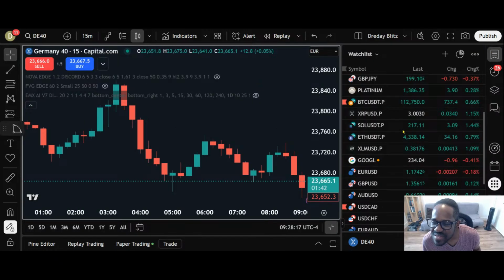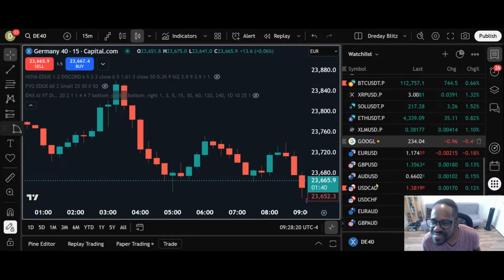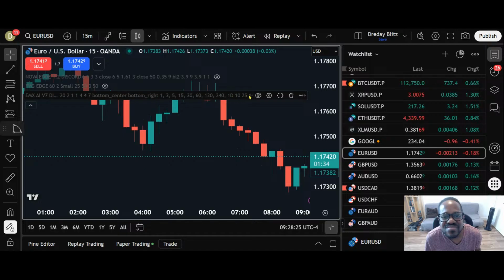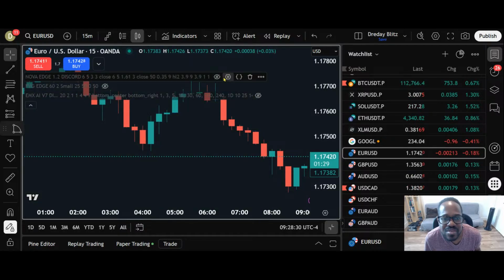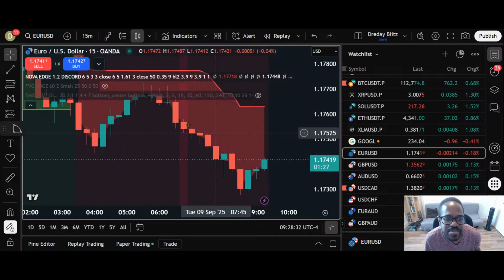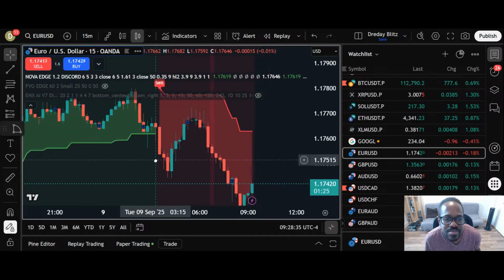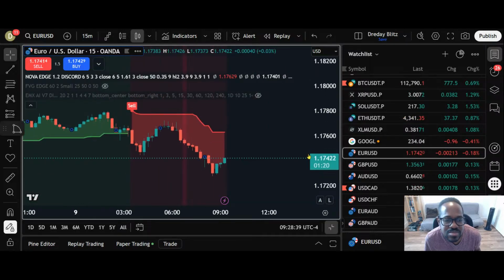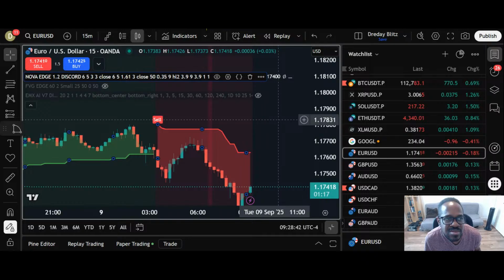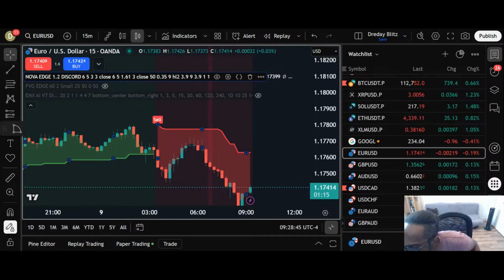All right, so EUR/USD, Nova. So your question is about the sell setup. Does it pull back or reverse?